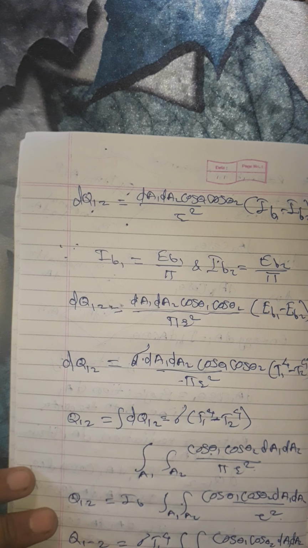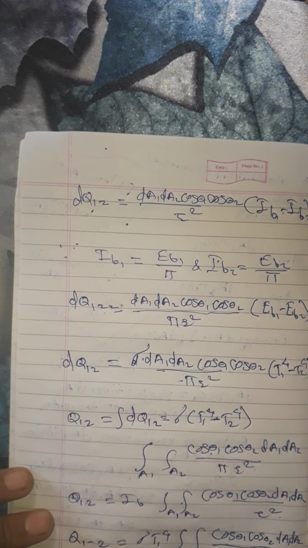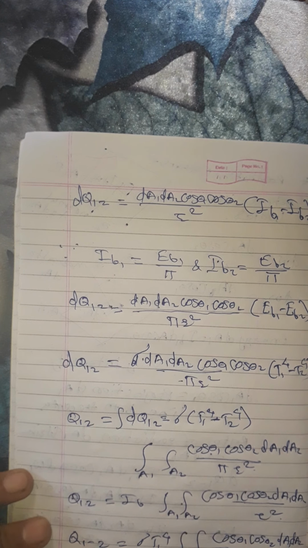So the rate of total energy radiated by A1 is given by Q1 is equal to A1 sigma T1 raised to 4.